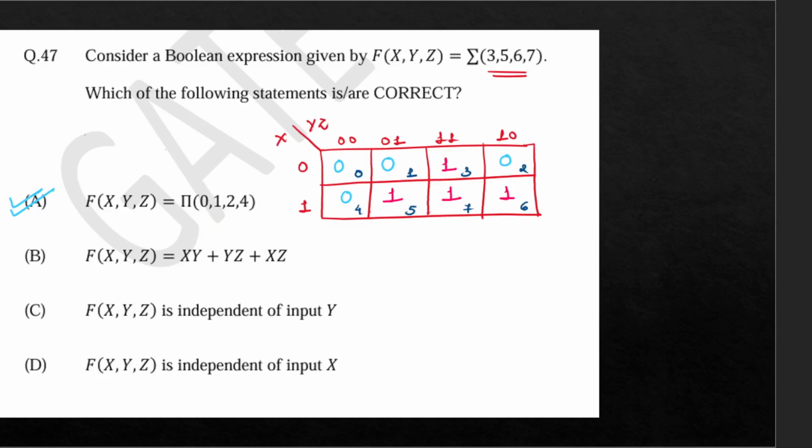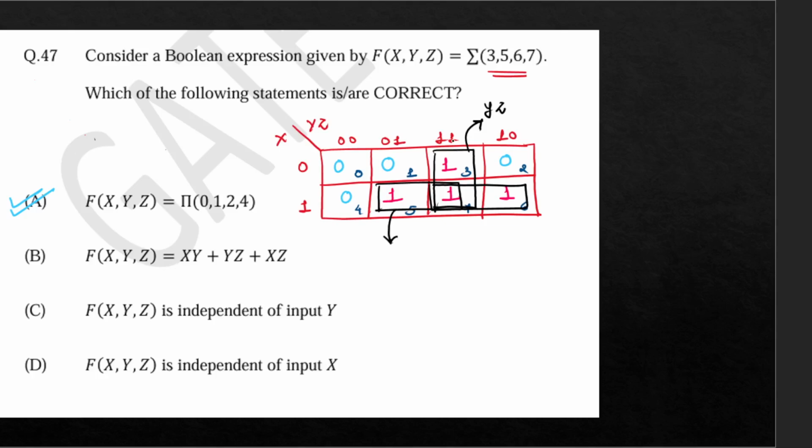Now let's try to minimize this and form an expression and see what answer we get. So this one is going to cover this way. After that this one is going to cover this way and this one is going to cover like this. So 3 expressions will be there. This clearly says what? YZ. 0 and 1 will get cancelled.